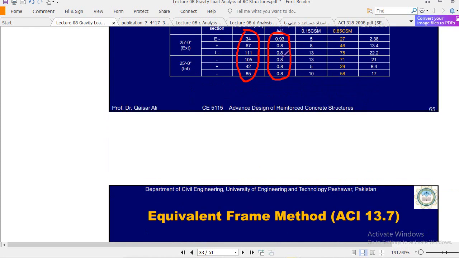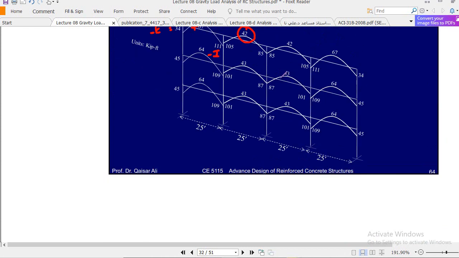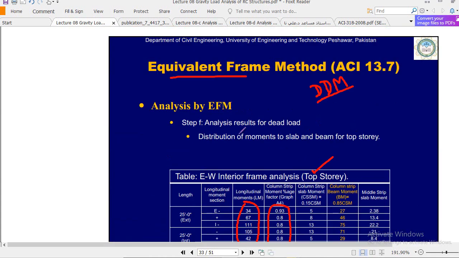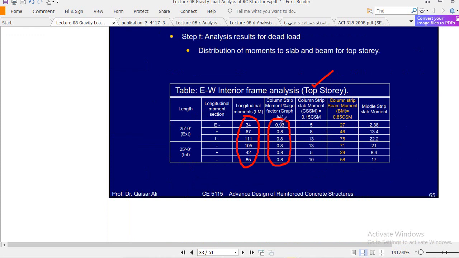Clear? Remember, we will not design the slab for these moments. Remember, these are the slab-beam moments. These are not the slab moments, and these are not the beam moments. These moments are combined for the slab-beam. We have to distribute these moments into the slab and into the beam by multiplying these moments with these coefficients.